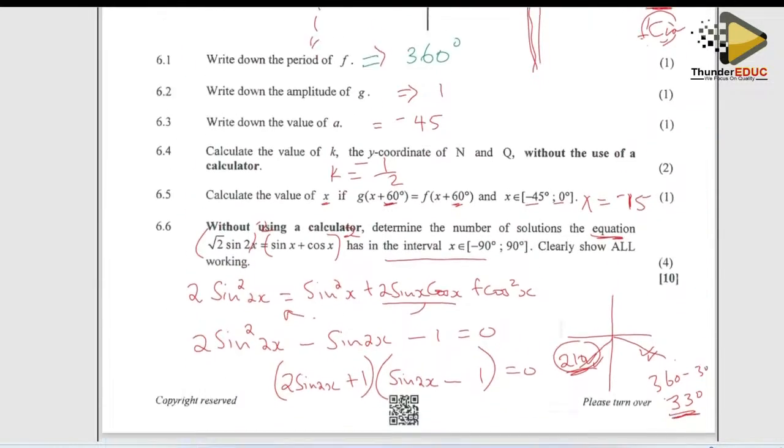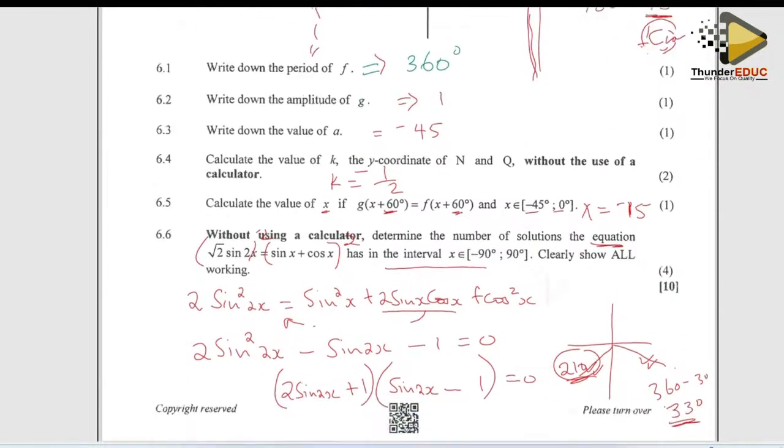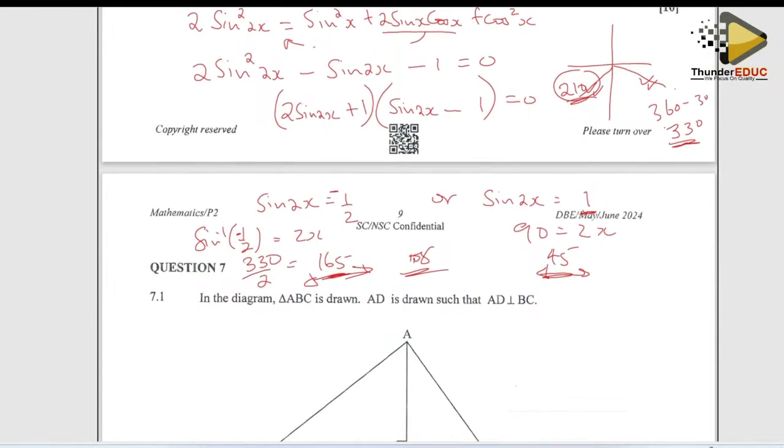Okay, but with the interval that we're given, we have this 45, and then we got the negative 75. How are we getting the negative 75 from? Something's off here. What is 180 plus 60? It has to be 150 so that we get a 75.